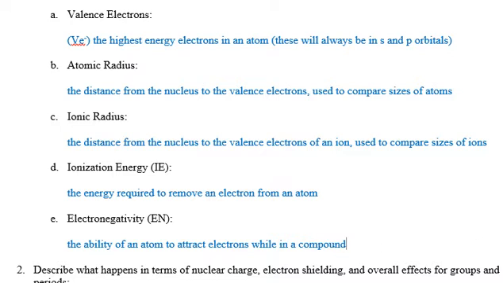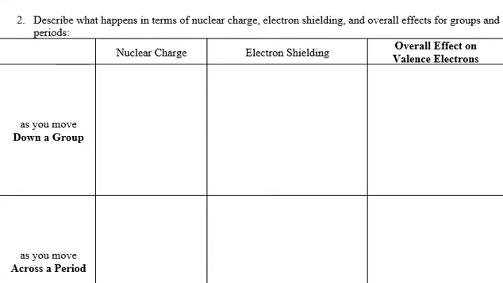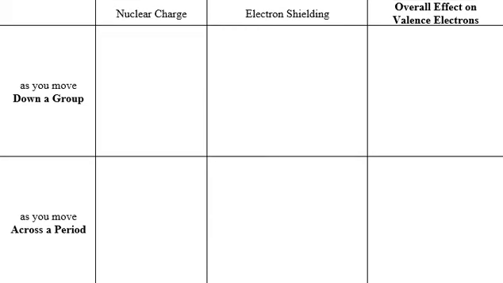Now, with those definitions, keep them in your mind, keep referring back to them. We're going to go ahead and talk about what happens to atoms as we go down a group or across a period in the periodic table. And again, this is based on atomic structure, which we learned in chapters 4 and 5. So let's just start off with nuclear charge.